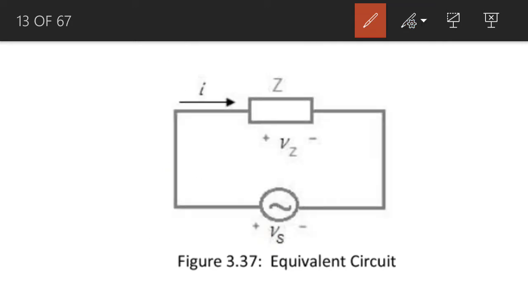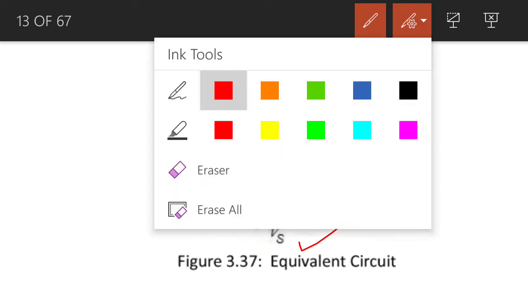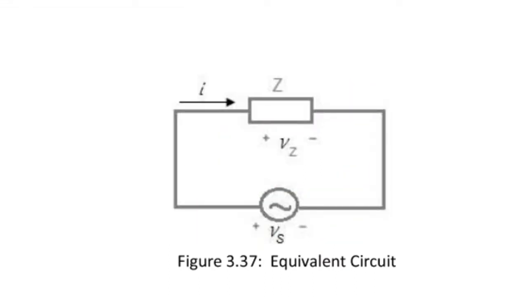If we apply KVL to this loop, according to KVL, the voltage across the source will be equal to the voltage across this impedance, the voltage across this passive circuit element. So Vs will be equal to Vz.